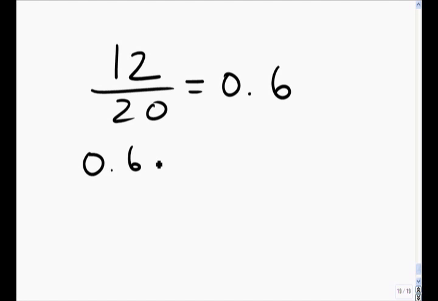Multiplying 0.6 by 100 is 60%. 60% of the class consists of girls.